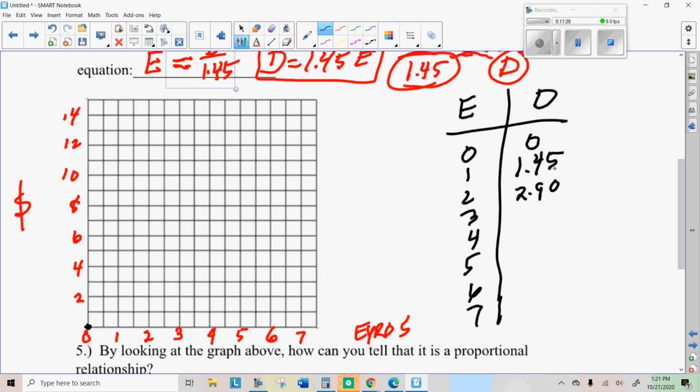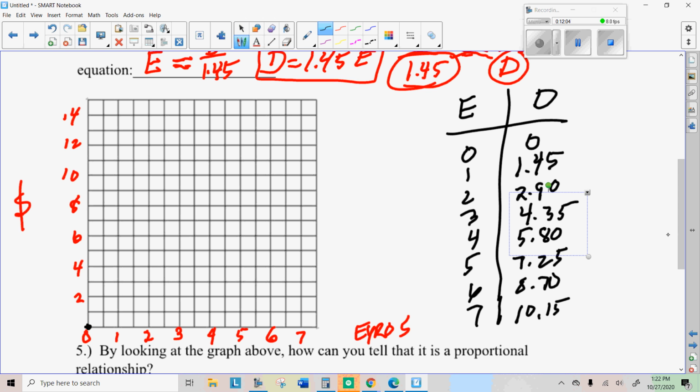So I get 4.35, 5.80. Since this is in dollars, I'm going to round it to 2 places. 7.25, 8.70, and 10.15.